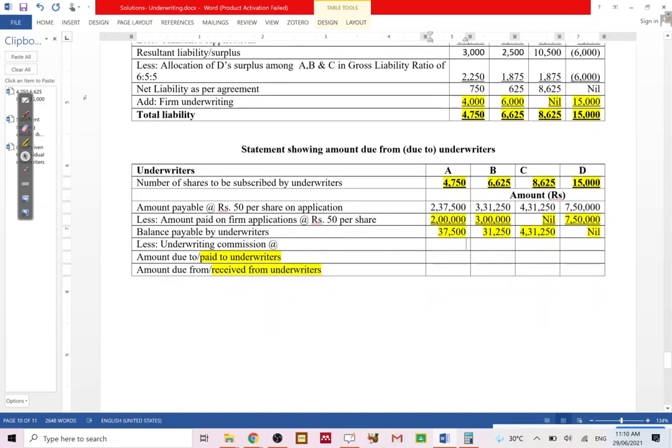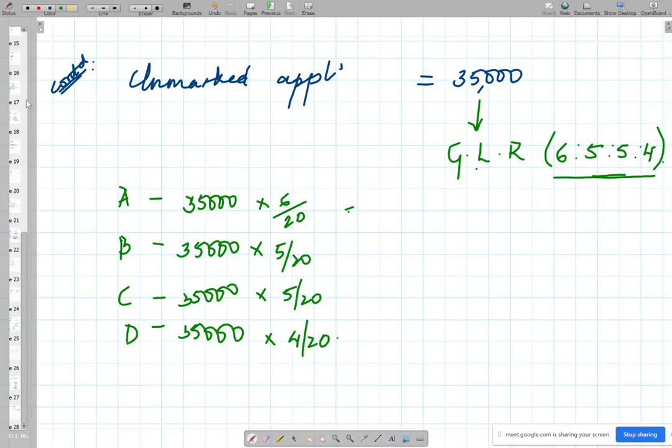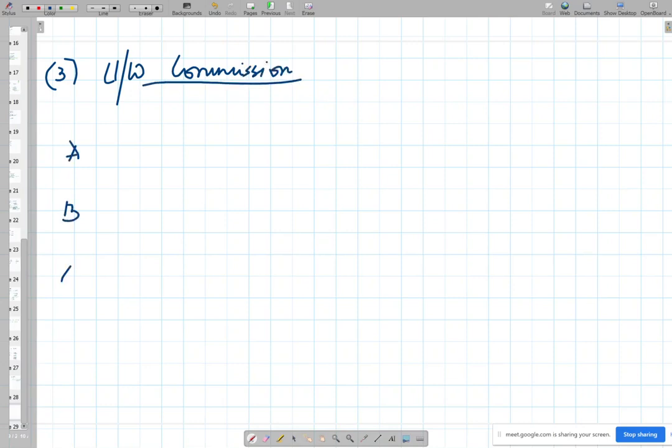Now it is time to calculate commission, the underwriting commission, which is our working note 3. Always start by first writing down the formula, which is gross liability into issue price into rate of commission.